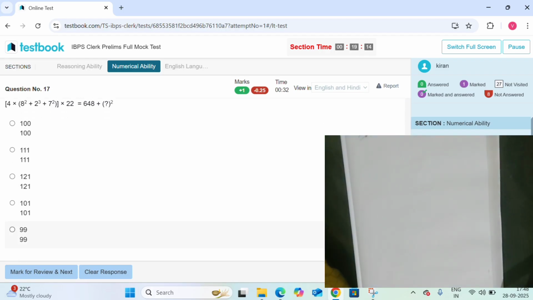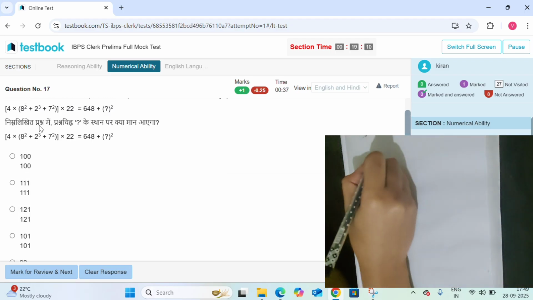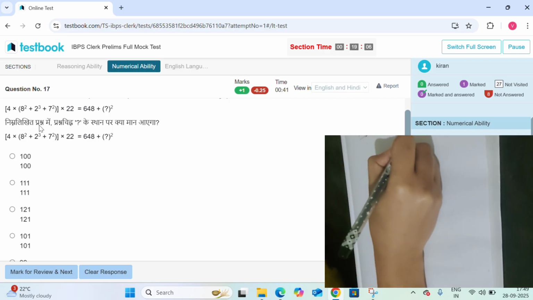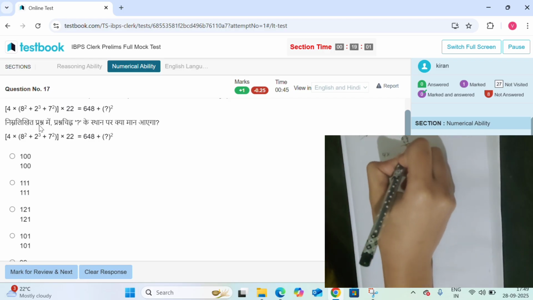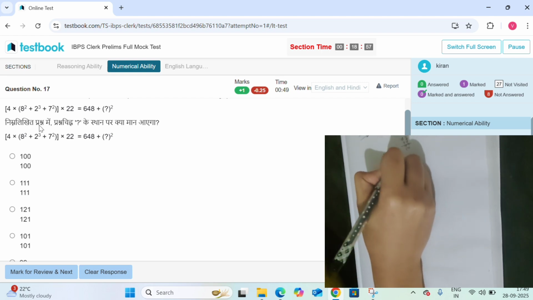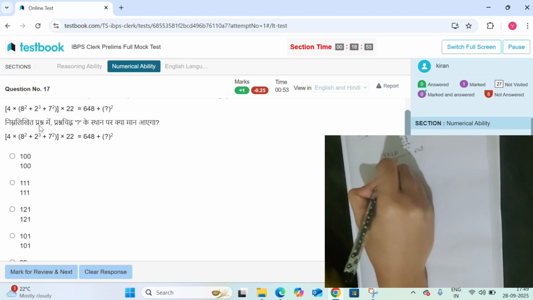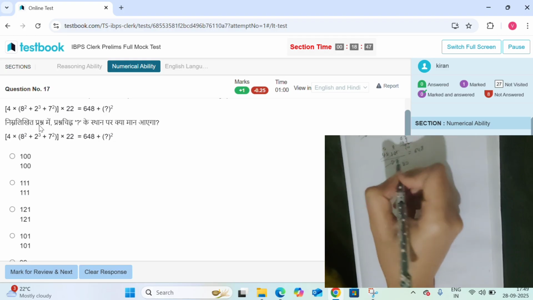Something is wrong. 4 into 64, 64, 8 and 49, that means 72 and 49, 121. 121 divided by 22. 11 twos are 22. Again 22, right?